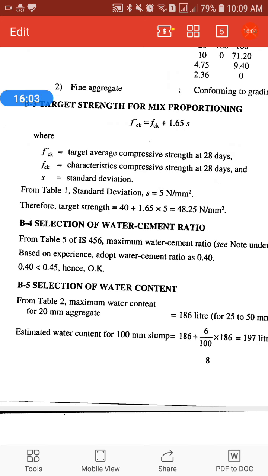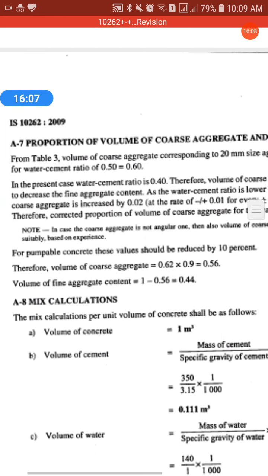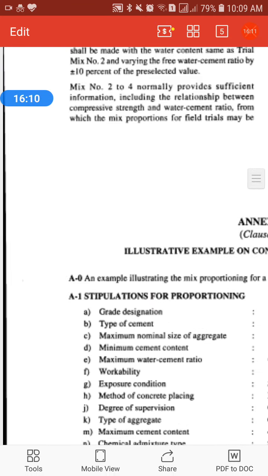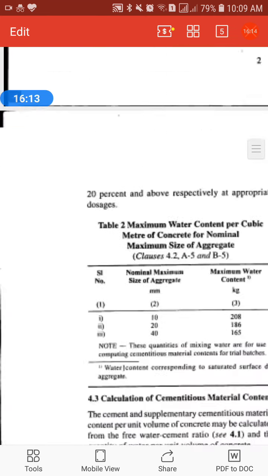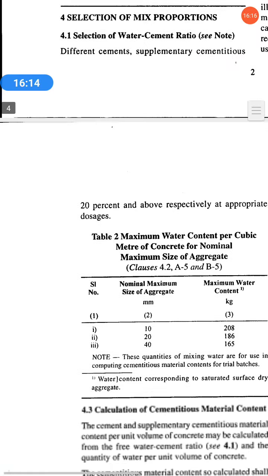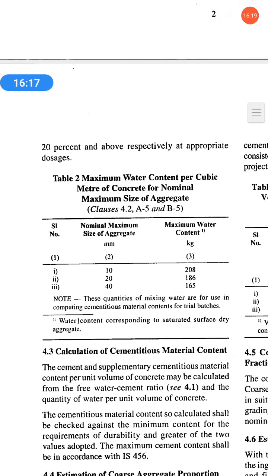So we have to see according to the maximum size of aggregate only. Going to table number 2 of IS 10262, see, this is table number 2. Maximum water content per cubic meter of concrete for nominal maximum size.